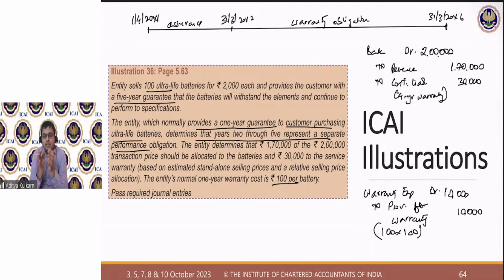You cannot have a scenario where I buy a car from showroom A, and I go to showroom B for the first year warranty. Okay, suppose you are buying a Hyundai vehicle from showroom A. You tell him, you give me only the vehicle, I don't want a warranty from you.